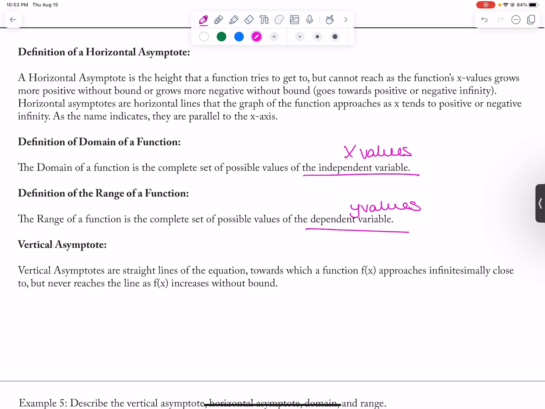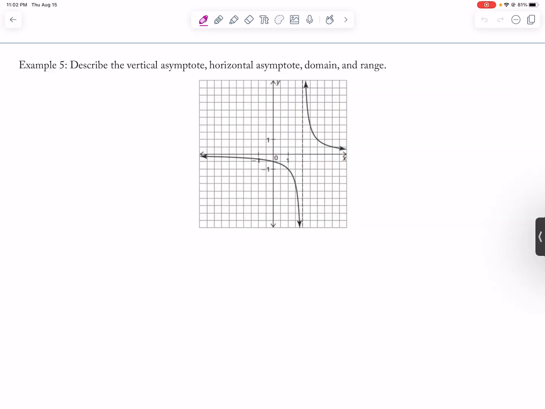Okay, so let's look at the vertical asymptote. If that's going to 1, then that's going to 2. And then my horizontal asymptote is y is equal to 0.